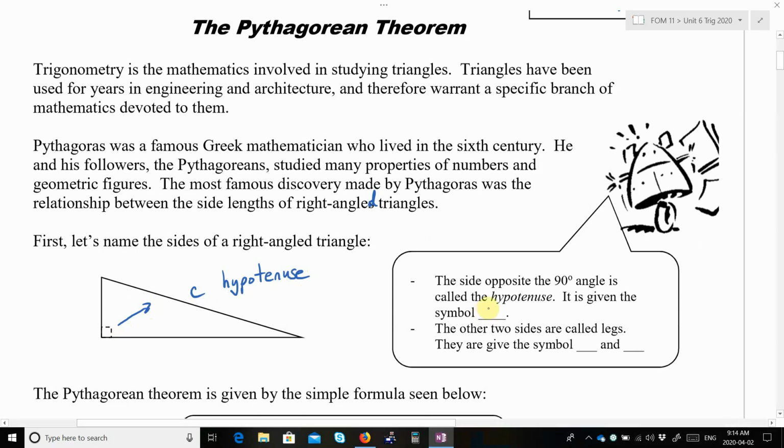It is given the symbol C. The other two sides are called legs. They are given the symbols A and B. It doesn't matter which one you choose for A and which one you choose for B. I often call this one A and this one B. And these are called legs. So that's a leg, and this one is a leg.